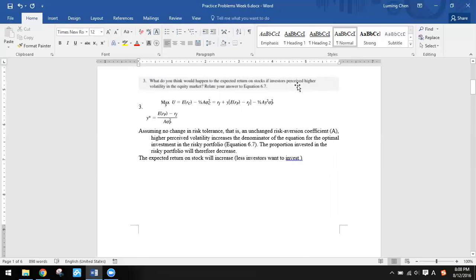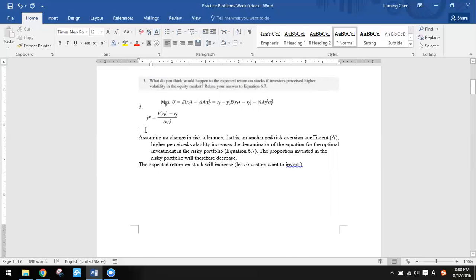If investors perceive higher volatility in the equity market, then the risky proportion will drop. The Y will drop.